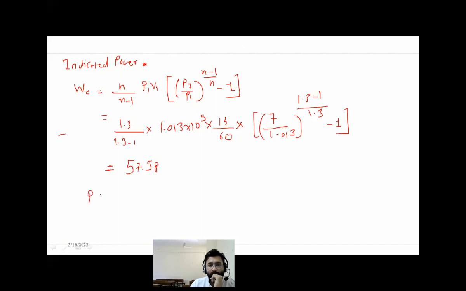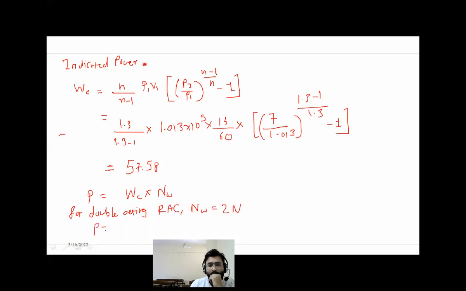So power, last time I told you, power is equal to compressor work into RPM. Now this is a double acting cylinder. So for a double acting reciprocating air compressor, this N is equal to 2 times RPM.